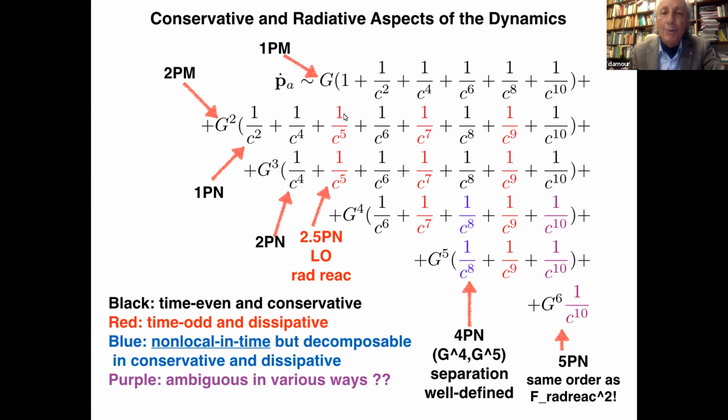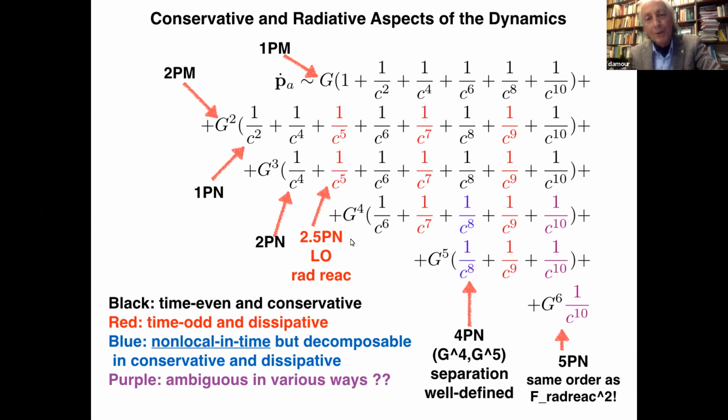And all the terms odd in 1 over c are here put in red, because traditionally these terms which are red are thought of as being dissipative, okay? And this is true for the terms here, 1 over c5, 1 over c7, 1 over c9. Also at the G cube level, this is true for the 1 over c5, 1 over c7, 1 over c9.